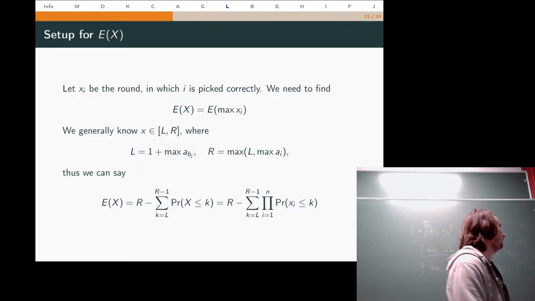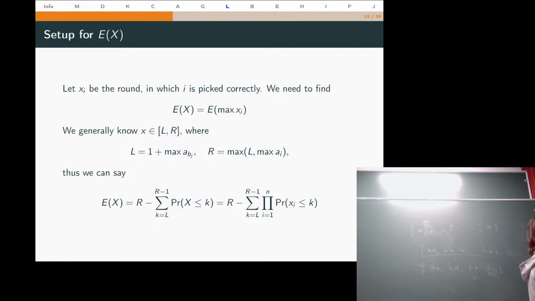Now, first of all, you may notice that for any x, the time at which we get the correct answer is, on one hand, larger than the maximum number of choices for questions with hidden answers. On the other hand, it cannot be larger than the maximum number of choices over all questions.